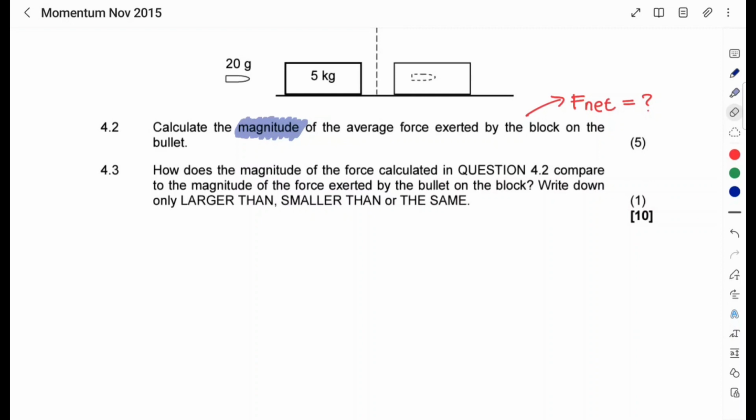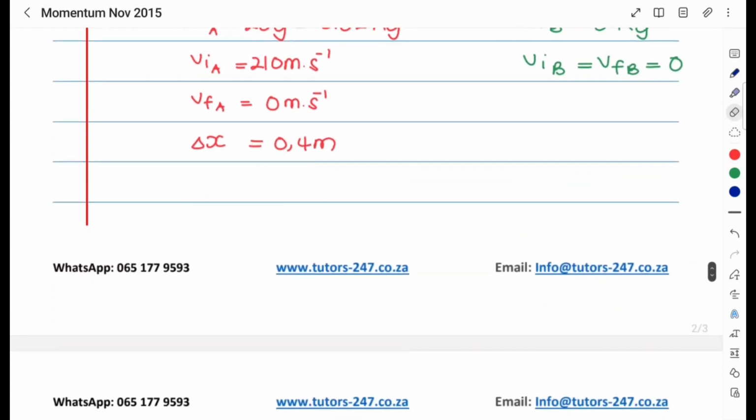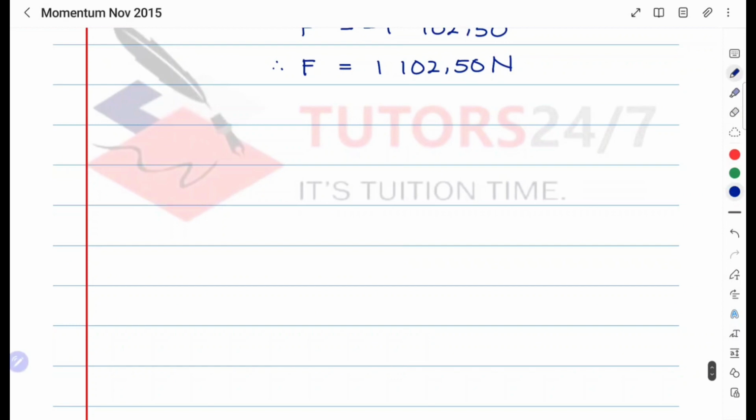So keep in mind, according to Newton's third law of motion, if object A exerts a force onto object B, object B will exert an equal force onto object A. So that means the force that the bullet exerts onto the block is the same force that the block exerts onto the bullet. It's just in a different direction. Therefore, it is going to be the same. So for question 4.3, all we are going to do is write the same.